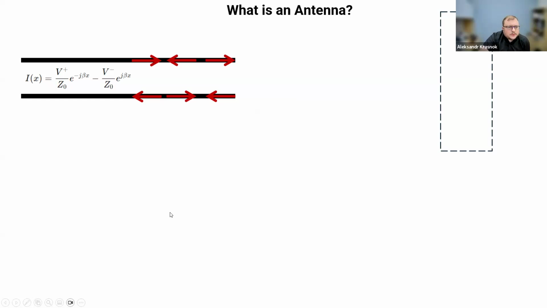The starting point is to ask what is an antenna and why we need an antenna. Last time we discussed waveguiding modes, waveguides, and transmission lines, like shown here.